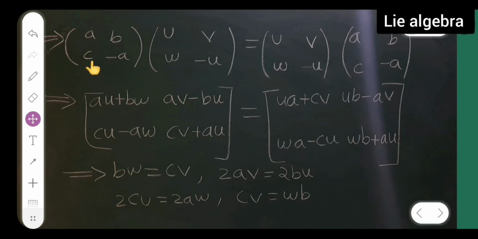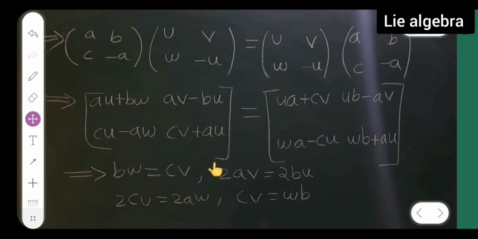And then CV, minus and minus will be plus, right? Plus AU. Now similarly you have to do it for this one also. This is equal to UA plus VC, then UB minus AV, then WA minus CU, then WB plus AU here.